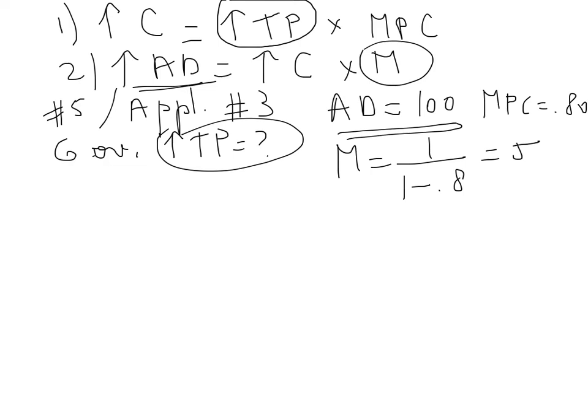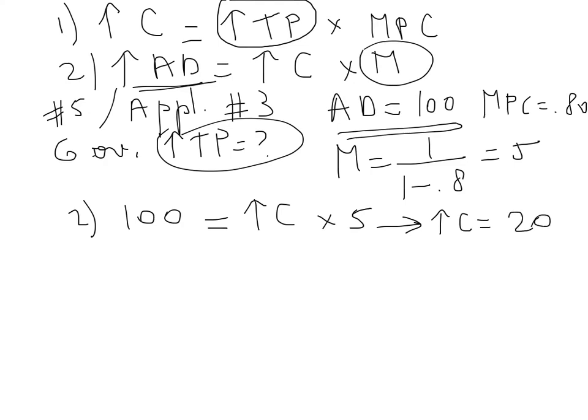And now we work on formula 2, increase in aggregate demand, which is 100, equals increase in consumption we don't know, times the multiplier 5. So from here we have increase in consumption is 100 divided by 5, which is $20 billion.